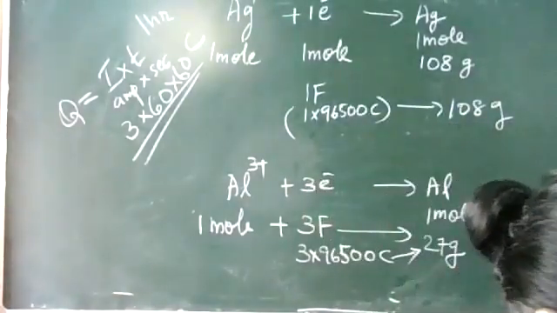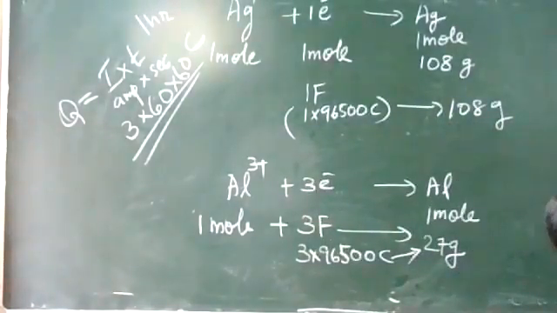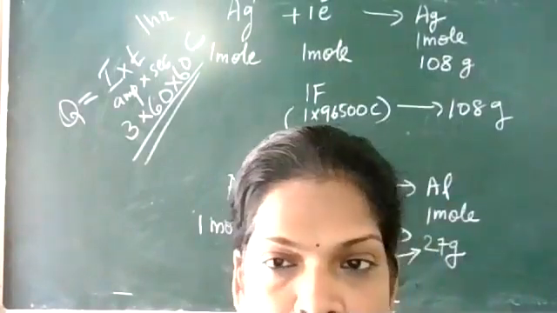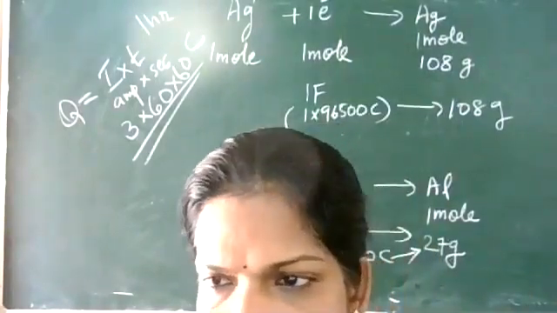Once again, what is the mass of the copper deposited at cathode when a solution of copper sulfate is electrolyzed for 10 minutes with a current of 1.5 ampere?